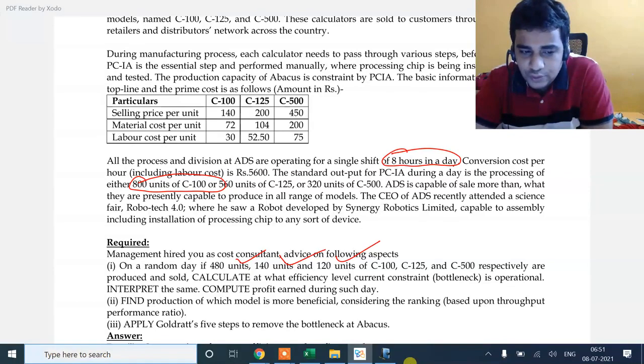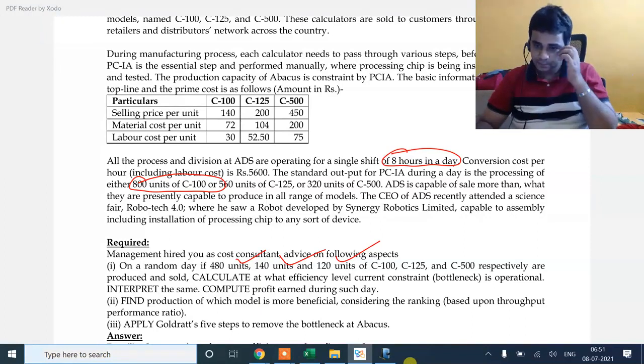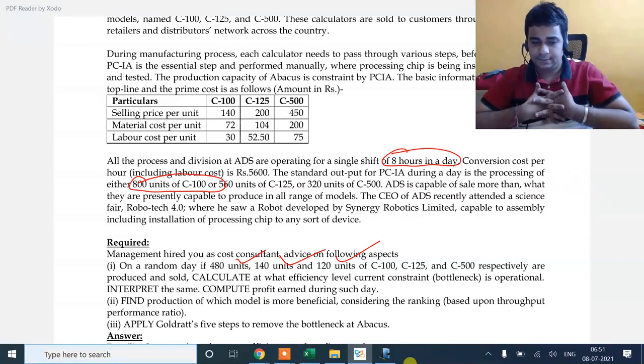You can get contribution per hour. Operating cost per hour is 5,600. Contribution per hour is something you can get. Do a statement of ranking.